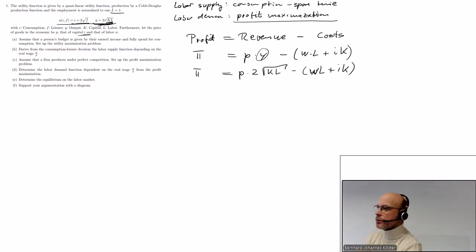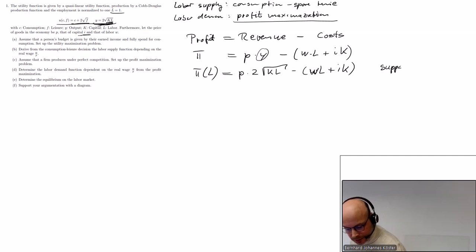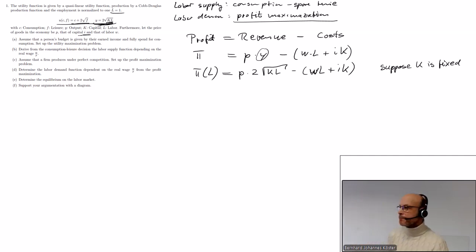So I have to focus on the variable L; this is then a function of labor. I don't care about the capital. This is just a fixed input. Suppose K is fixed, and this I want to maximize now.